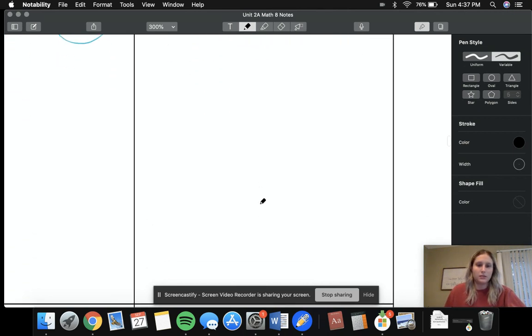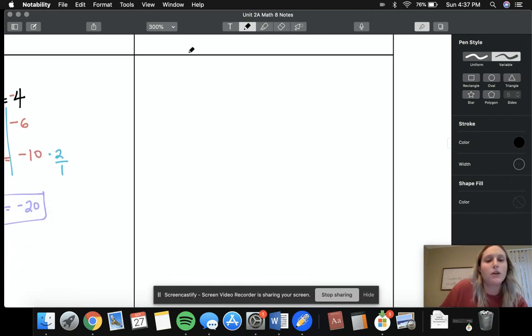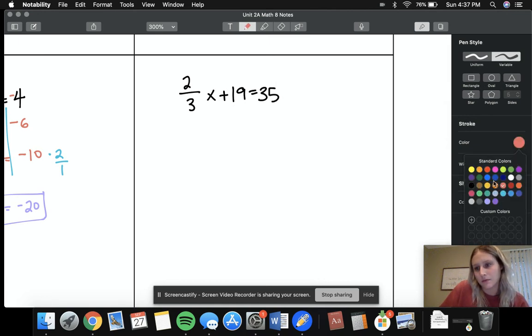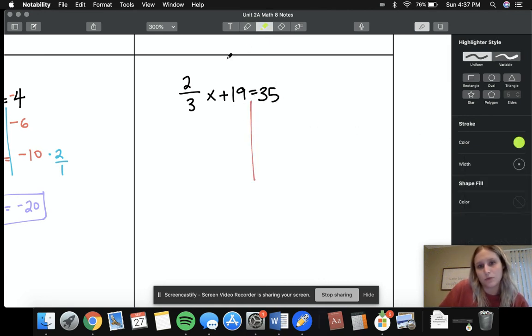All right, let's see if we can figure this out algebraically. Okay. So the first thing we're going to do is get rid of the constant, the adding or subtracting. So this is a positive 19.